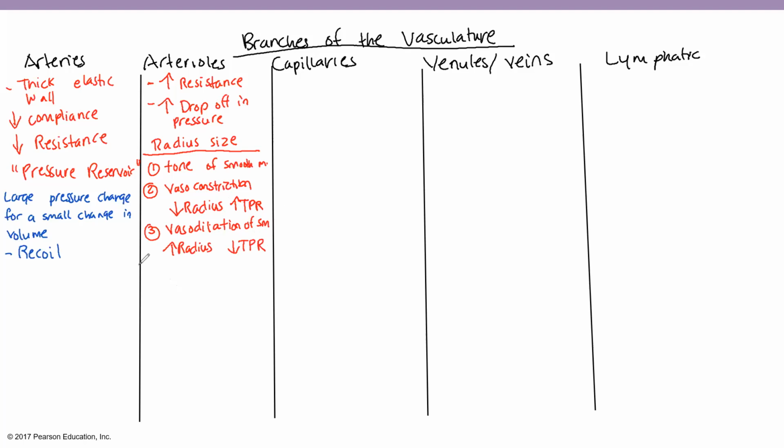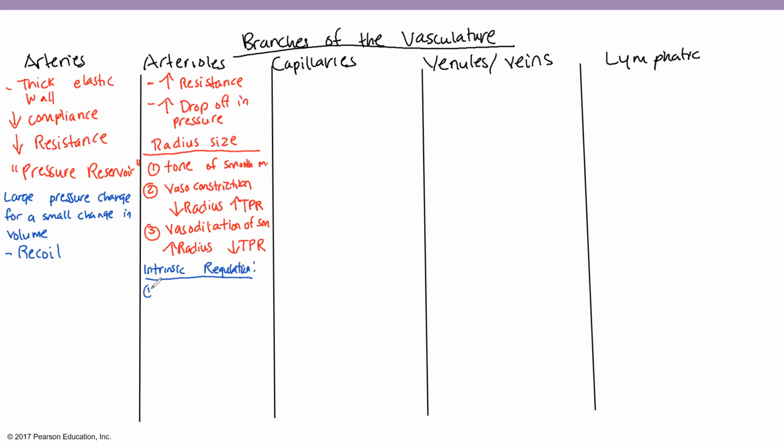And then the next thing we spoke about was some mechanisms of regulating flow. That involved intrinsic mechanisms as well as extrinsic mechanisms. Let's squeeze this in at the bottom here. So we had intrinsic regulation, and that involved three different mechanisms.